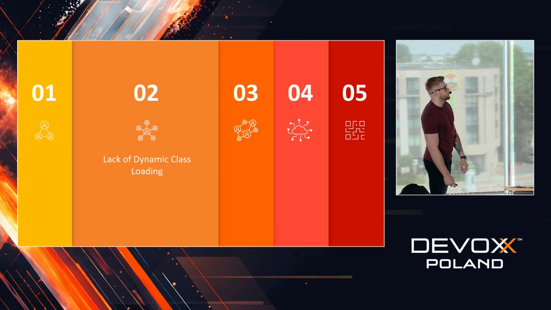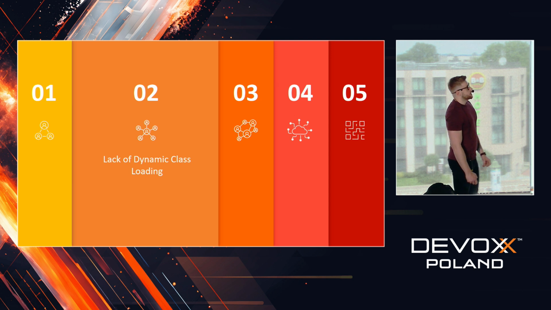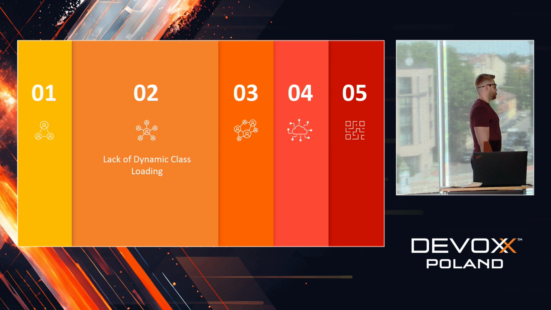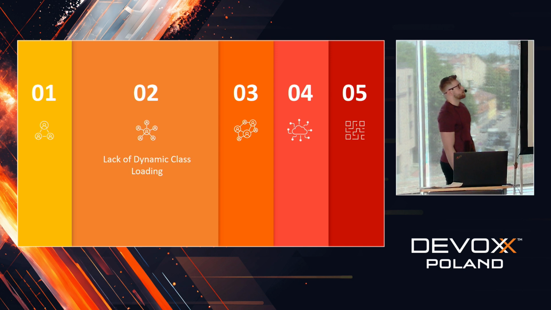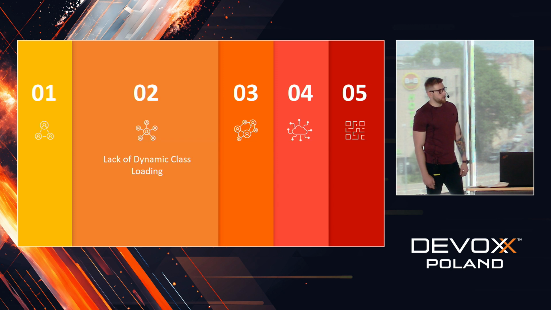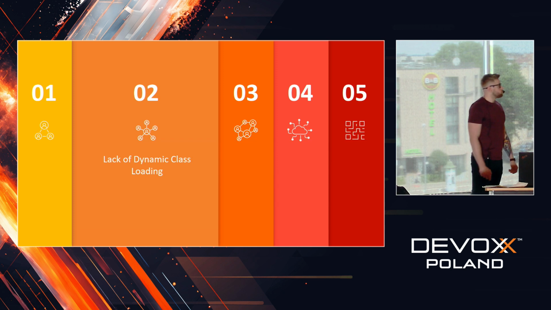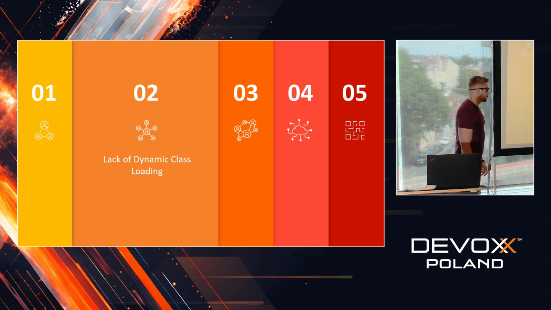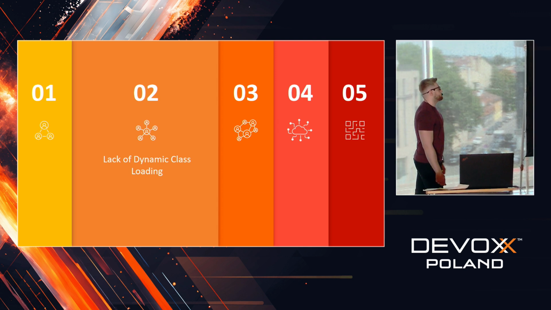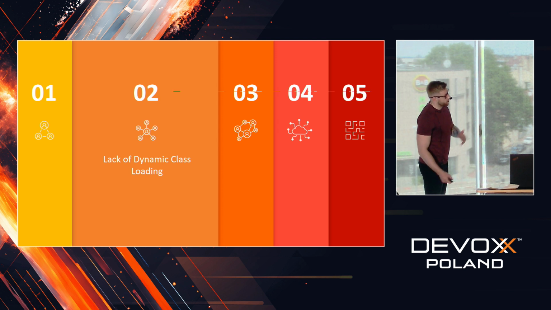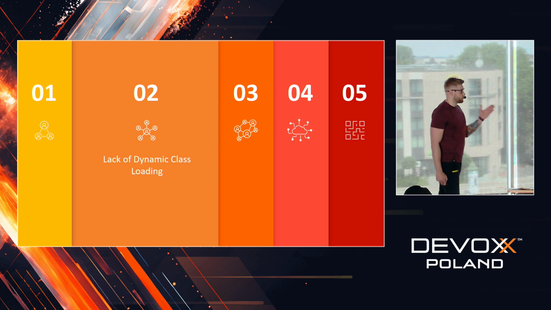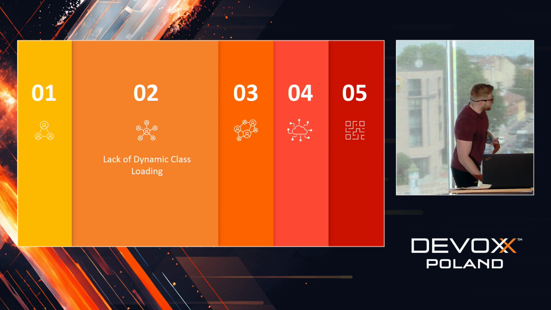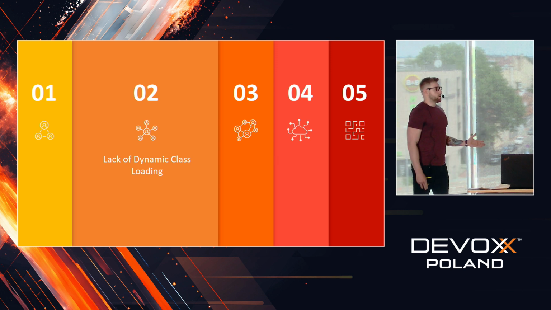Number two, lack of dynamic class loading. GraalVM native image compilation does not support dynamic class loading. It's actually a pretty common thing to be used in libraries and frameworks. So if you'd like to use some frameworks or libraries that actually require dynamic class loading, then it might be possible, but there are going to be some workarounds needed.